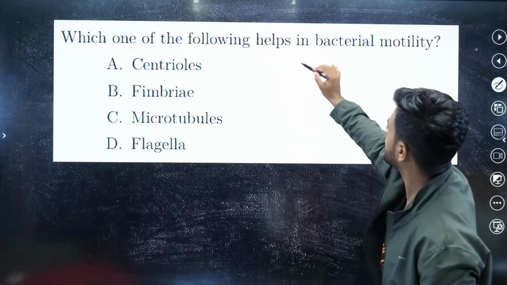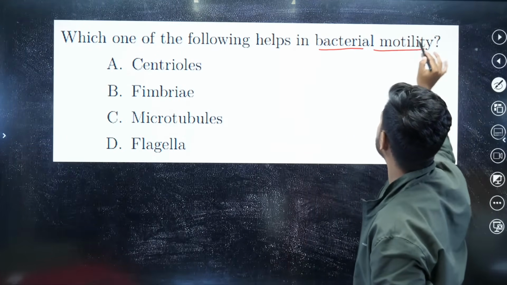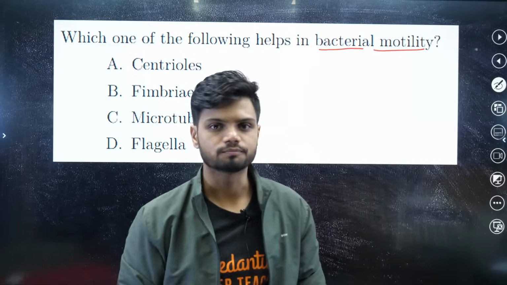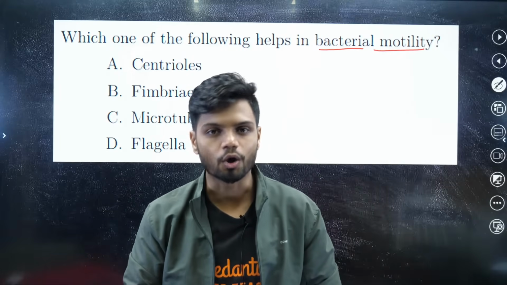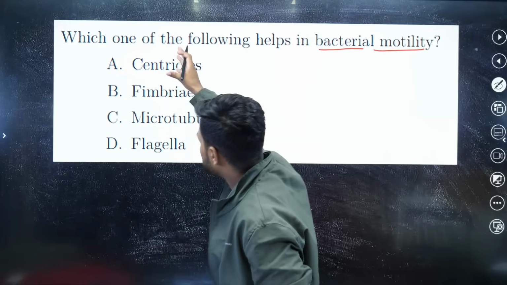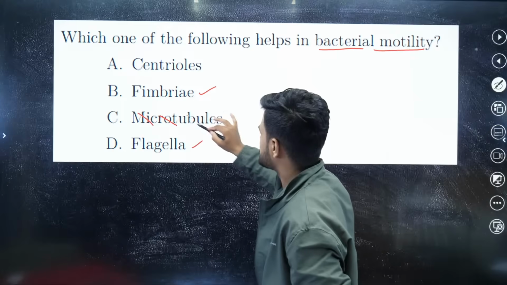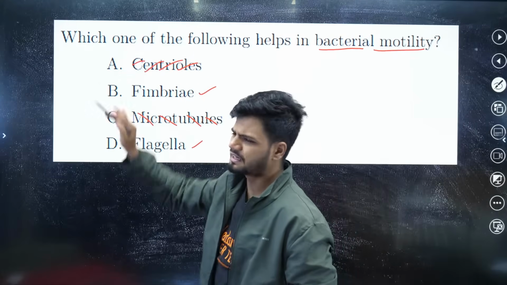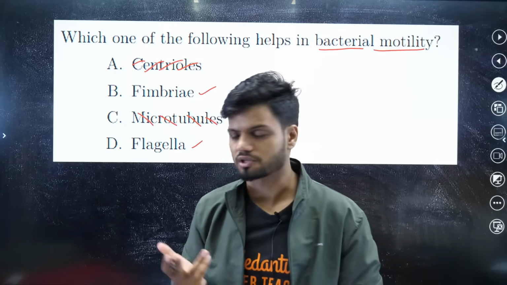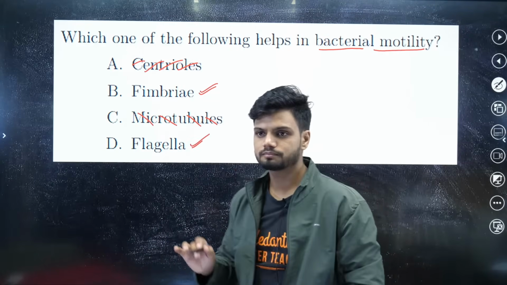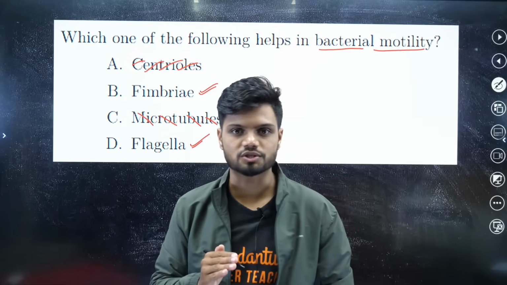Which of the following helps in bacterial motility? Very important question. How can bacteria move? We know bacteria move, but how? Now there might be confusion between these two. All of you know microtubules is not the answer. Centrioles help in cell division. The confusion is always between fimbriae and flagella.